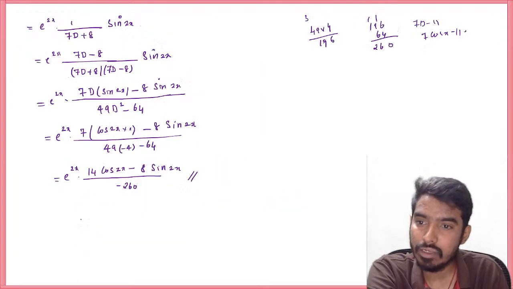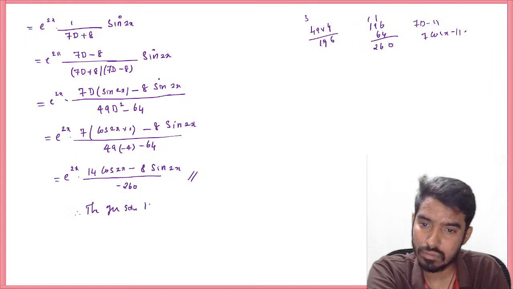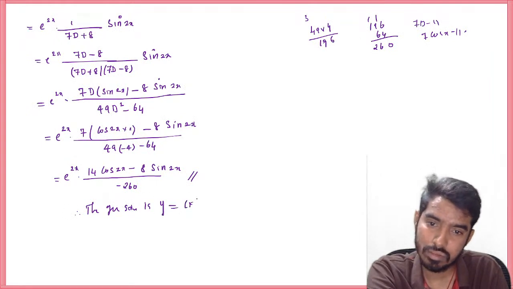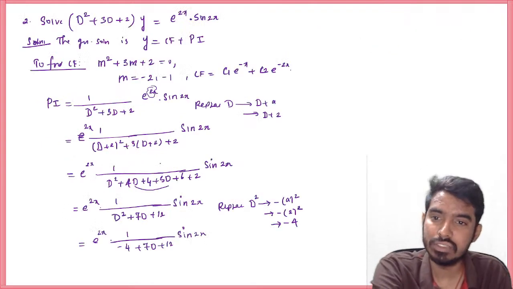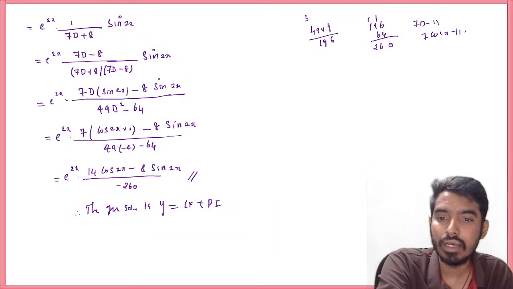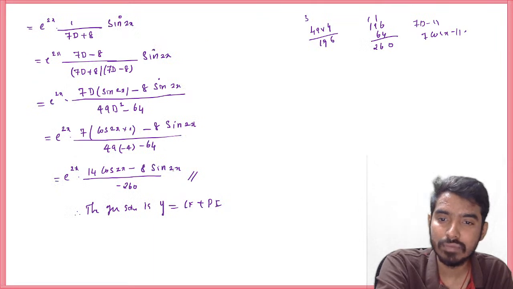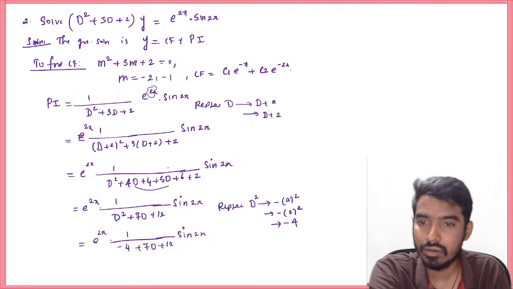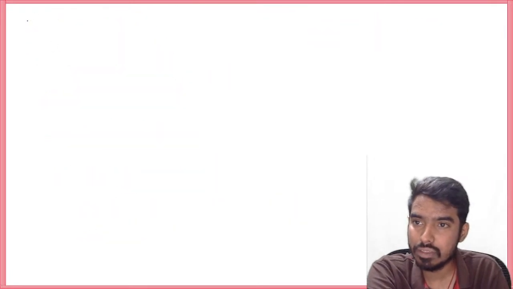This is your PI. So therefore, the general solution, is it clear? CF plus PI. So CF is C1 e power minus... C2 e power minus x. PI is e power 2x, 14 cos 2x minus 8 sin 2x, divided by minus 260. Okay, we want the third problem.